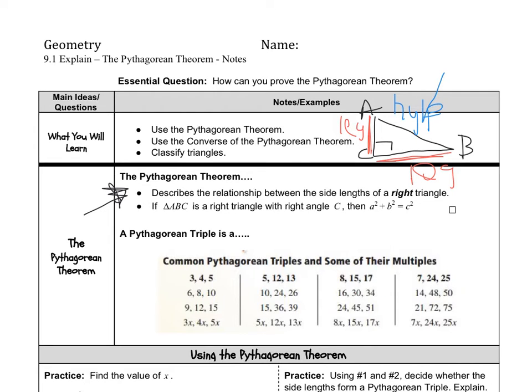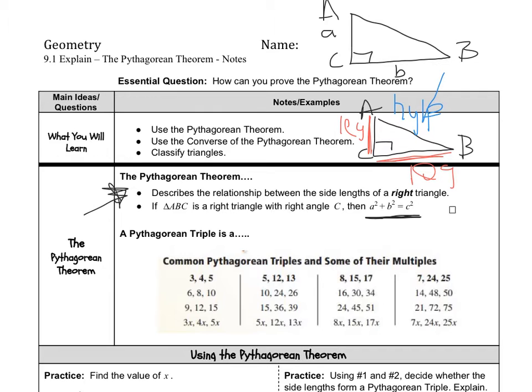Well, when you talk about the Pythagorean Theorem, I'm going to draw another triangle up here because that's getting muddled up. I'm going to draw the same right triangle, and I have A, and there's C, and there's B. To use A squared plus B squared equals C squared, I need you to remember that one of my legs is A, and the other leg is B. Does it matter which one we label as A and B?